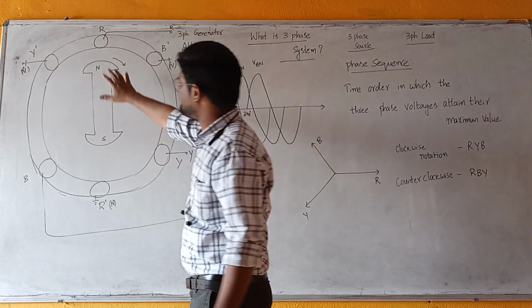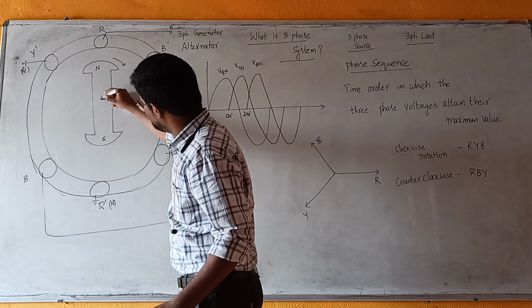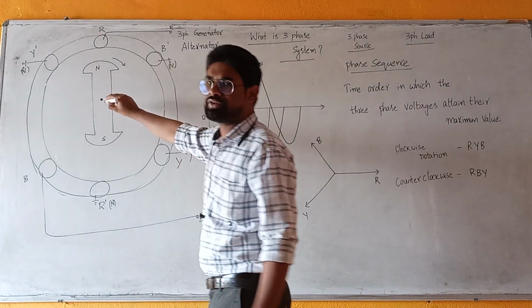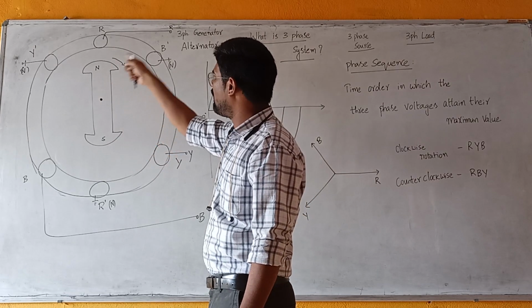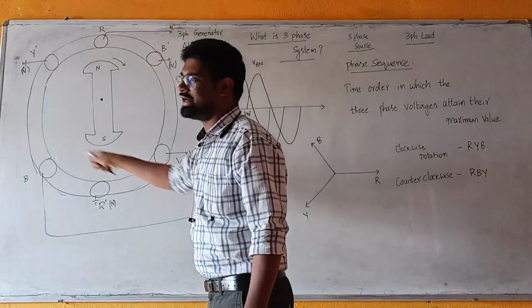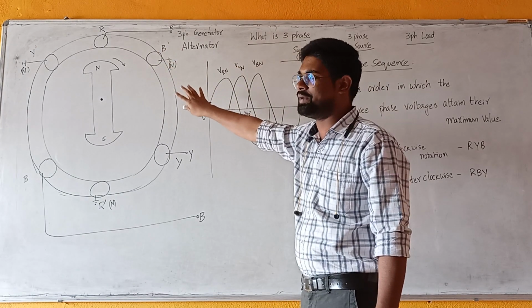The second part is the rotor, which is fixed over a shaft and rotates either in clockwise or counterclockwise direction. A three-phase generator basically consists of two parts.